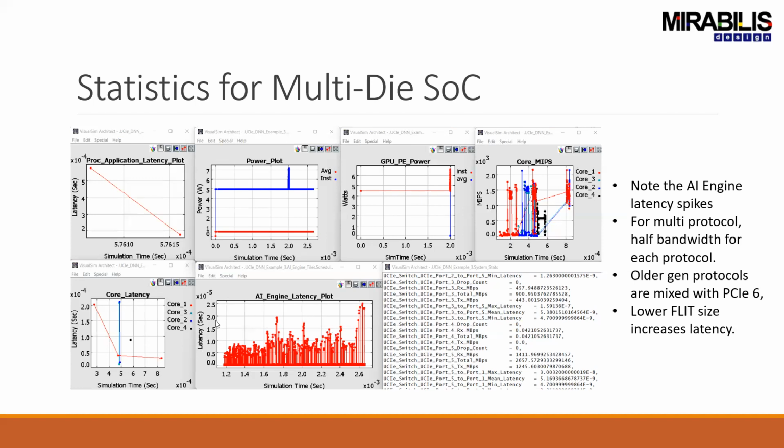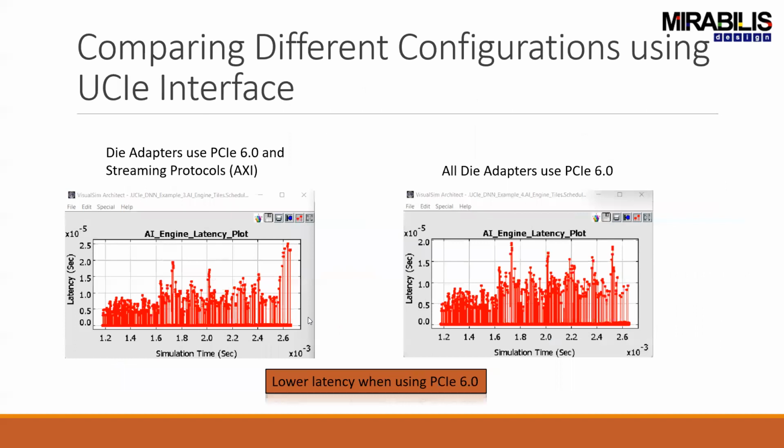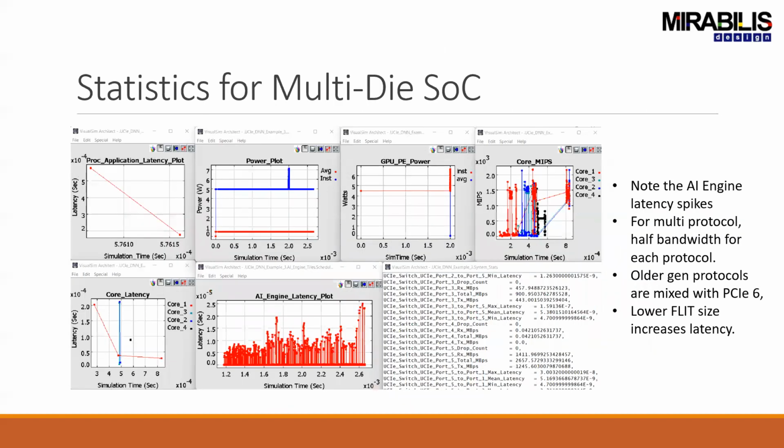Now, the AI engine is the one that's making a huge number of accesses to memory, so following its statistics is very critical. And you'll notice there are a lot of spikes in the AI engine latency. In this case, if you remember, we are mixing older-gen PCIe with PCIe 6.0.